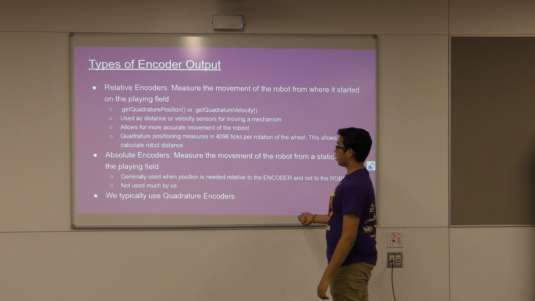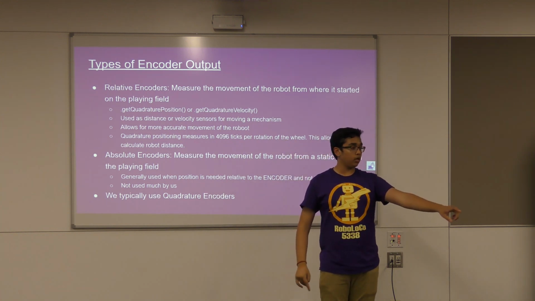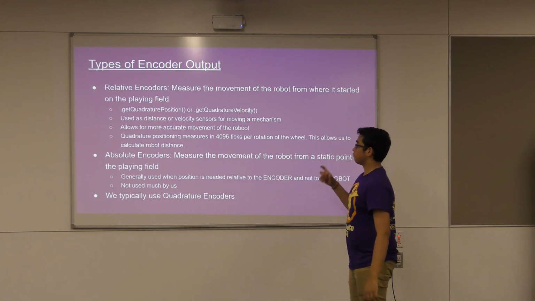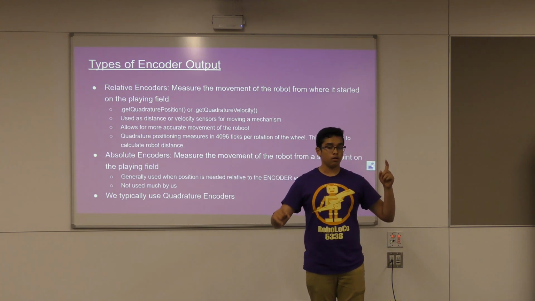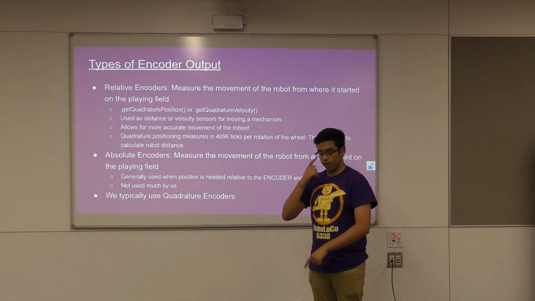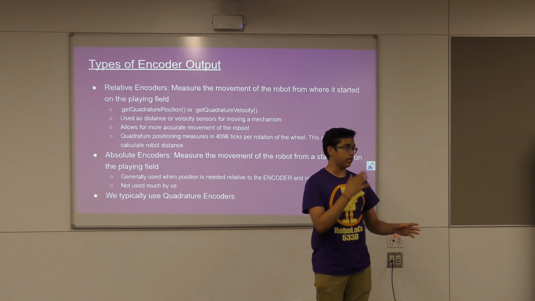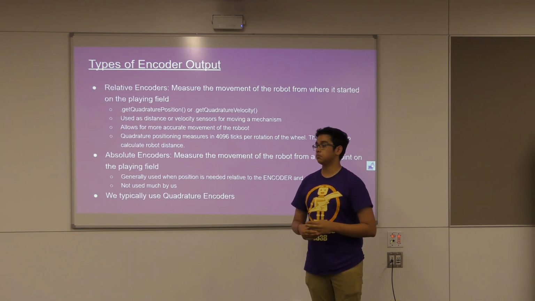The cool thing about quadrature encoders is that when you're programming, there's a lot of dimensional analysis and conversions involved. There are 4,096 ticks per rotation of the shaft. Quick math question: if I want to go 6 feet, how would I find out how many ticks that is, if the diameter of my wheel is, let's say, 6 inches?